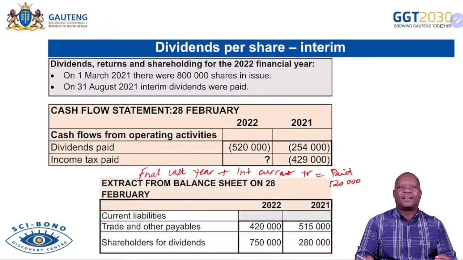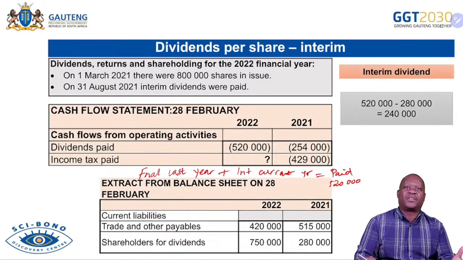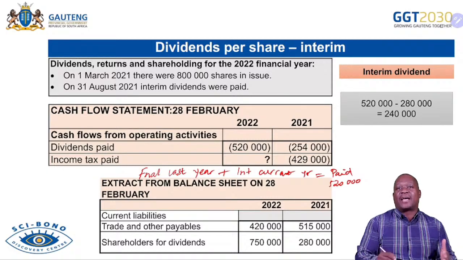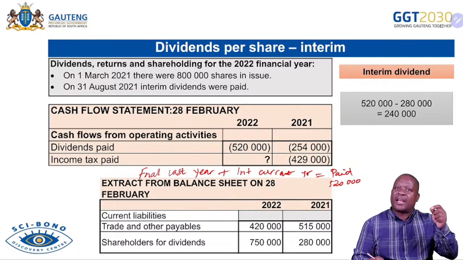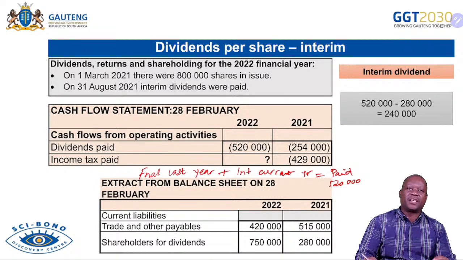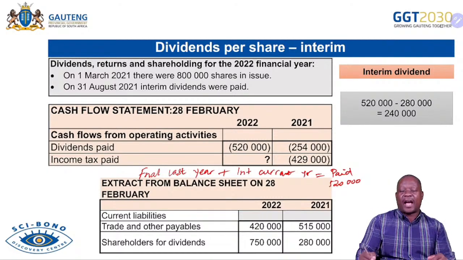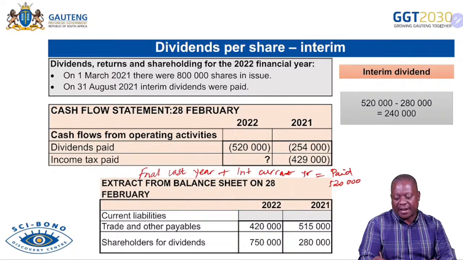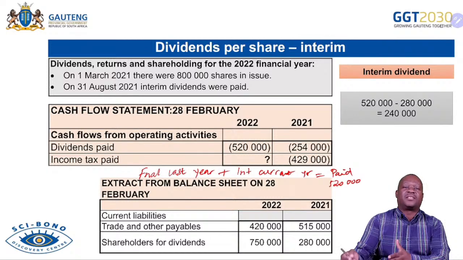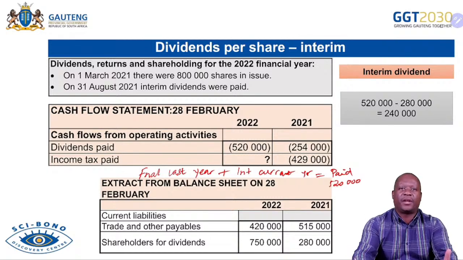The total paid, which is our 520,000, minus the final of last year, which is 280,000, gives us 240,000. So it simply means we are paying 240,000 as dividends to shareholders who are owning 800,000 shares.